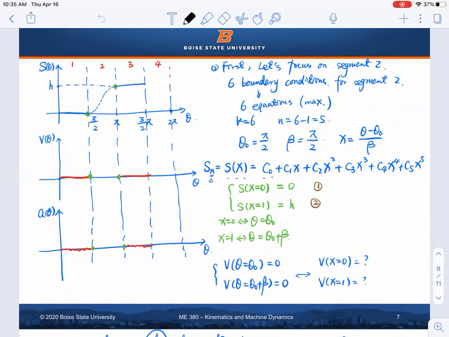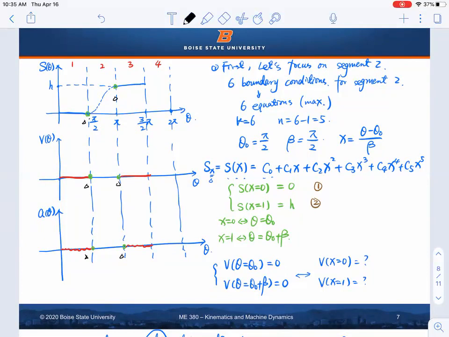Basically, we assume your S theta can be described by a polynomial, and the order of that polynomial depends on the boundary conditions. Looking at section number 2, we have two boundary conditions on displacement, and then two boundary conditions on the velocity, two boundary conditions on the acceleration.